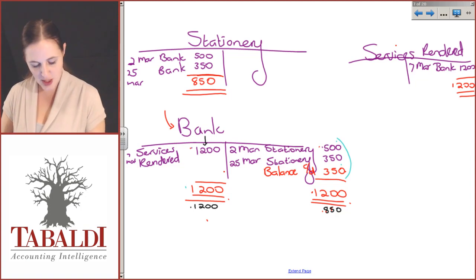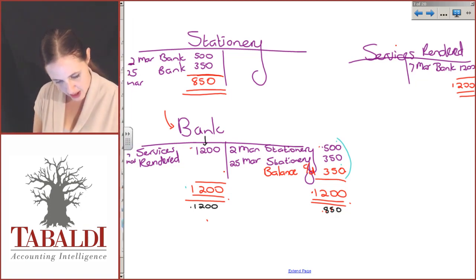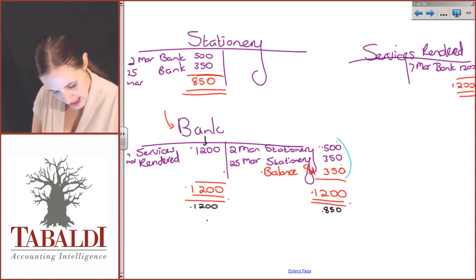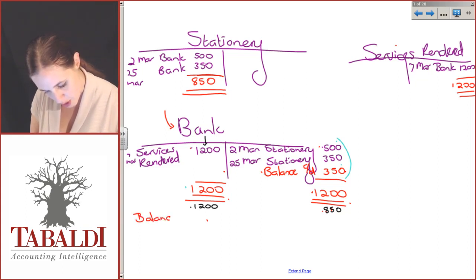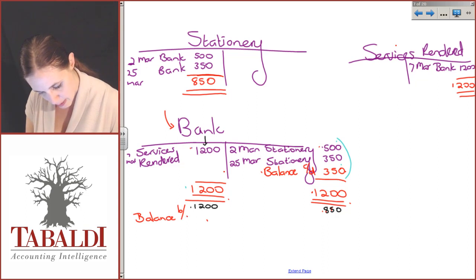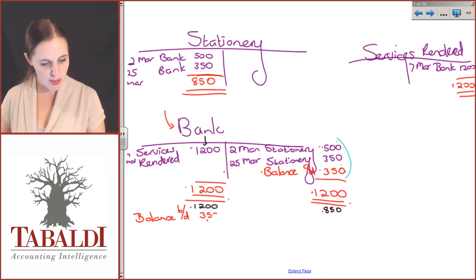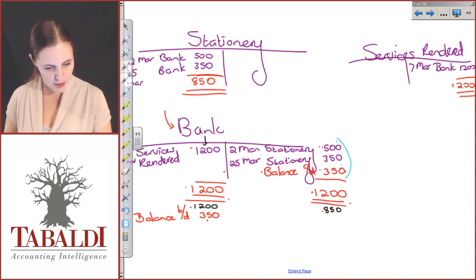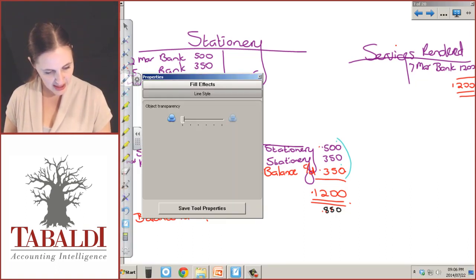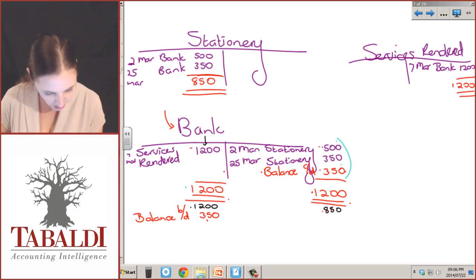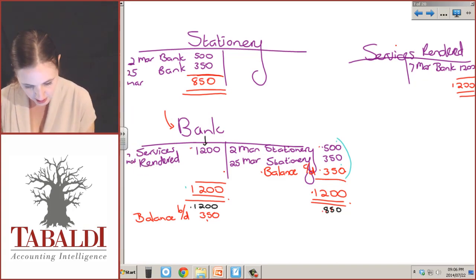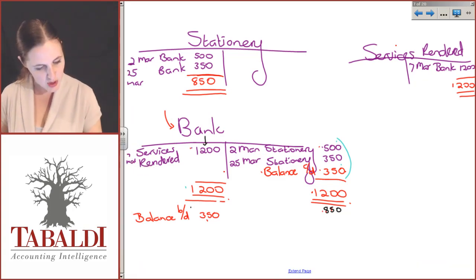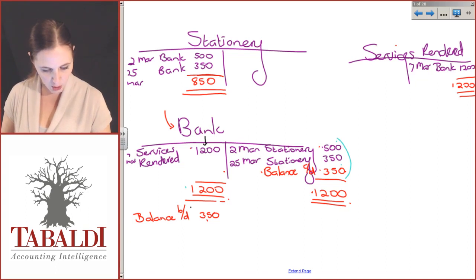We then take this balance down to the opposite side, and we say this is now a balance brought down, and we put exactly the same amount of 350 in there. And always make sure that once you're done, you erase your pencil marks so that you don't leave them in the exam. So you erase your little pencil marks and off we go.